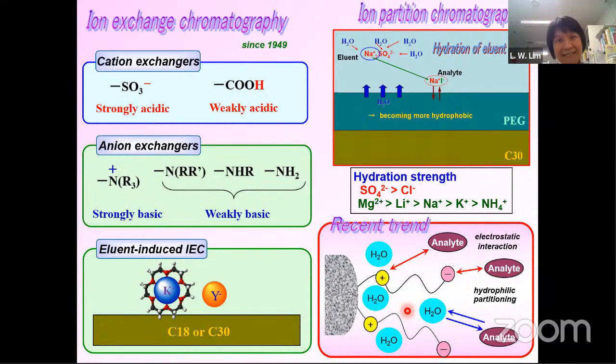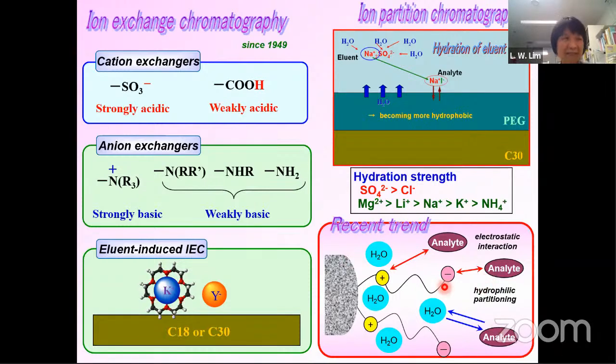Polar phase is polar, where we just use the distribution of the electrons. But in HILIC, it has charges, so we can have electrostatic interactions, and at the same time we also can have hydrophilic interactions. So it will be more convenient.